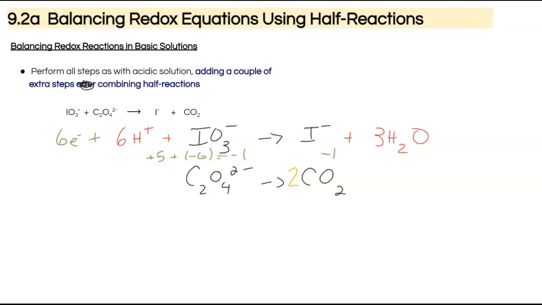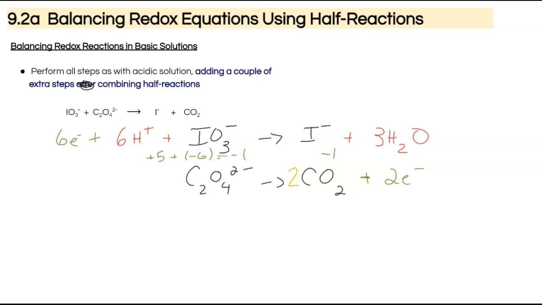So my oxygens are balanced, so no need to add water in that second half reaction. But I still need to balance the charges. So I see that I have negative 2 charge on my reactant side, and I have neutral on my product side. So I need to balance that by adding in 2 electrons on my product side.